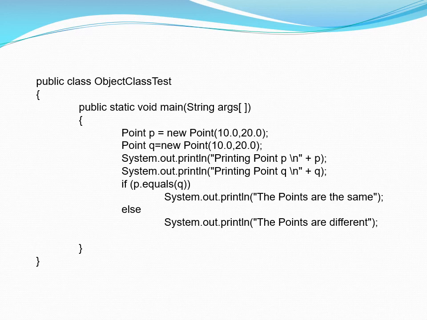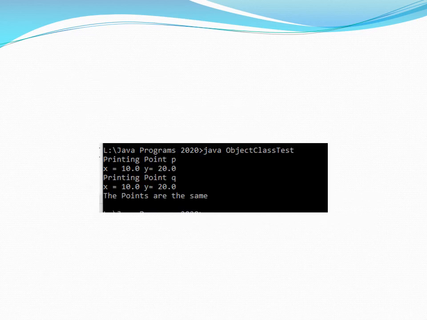And in the same way we are now testing equals. P is the first object, Q is the second object. If P.equals(Q) returns true, then print that the points are same, else print that the points are different. The output will be something like this.